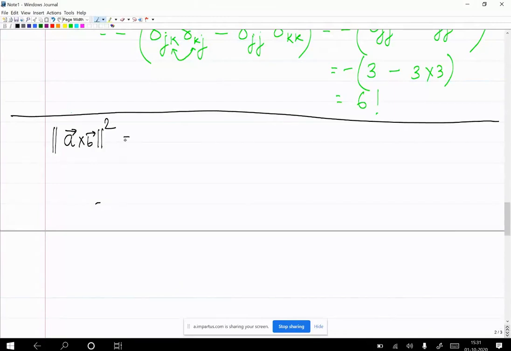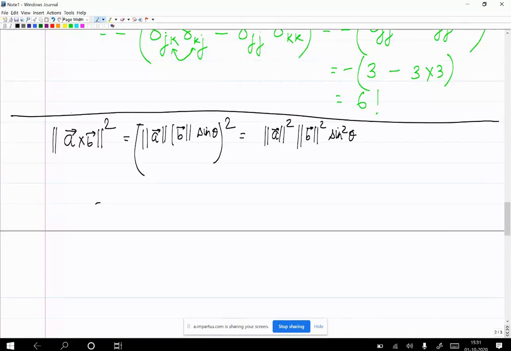So you must be knowing that this is equal to magnitude of A into magnitude of B into sine theta, and then I take its square, isn't it? So this then becomes magnitude of A square into magnitude of B square into sine square theta, correct?